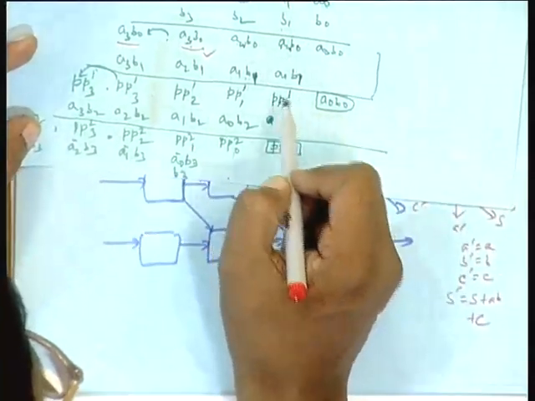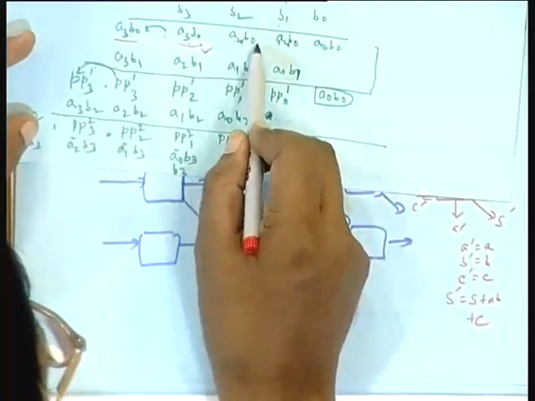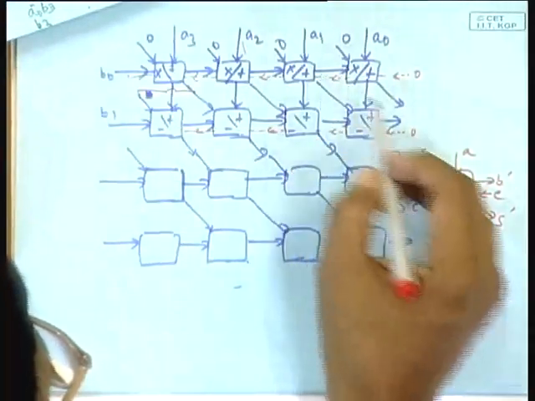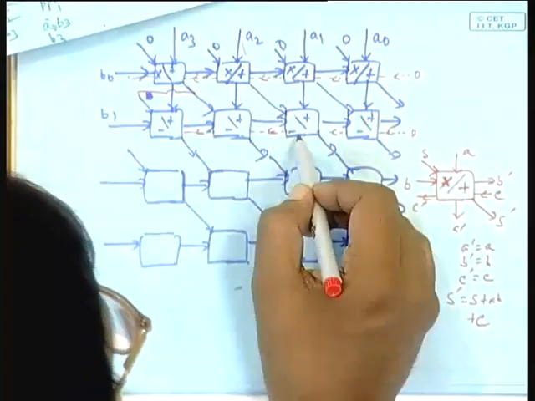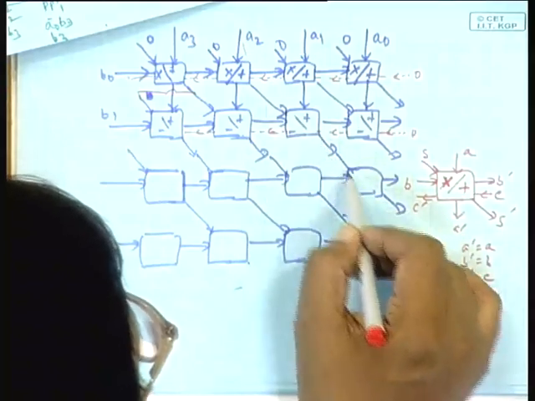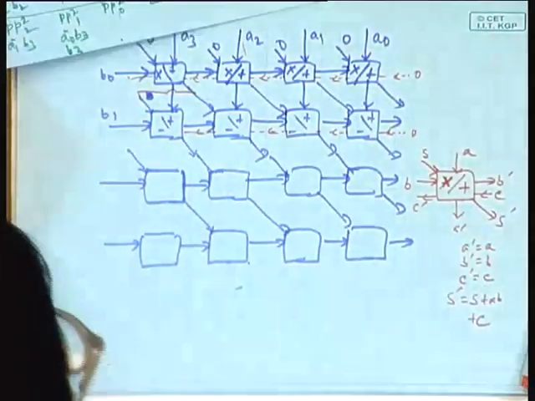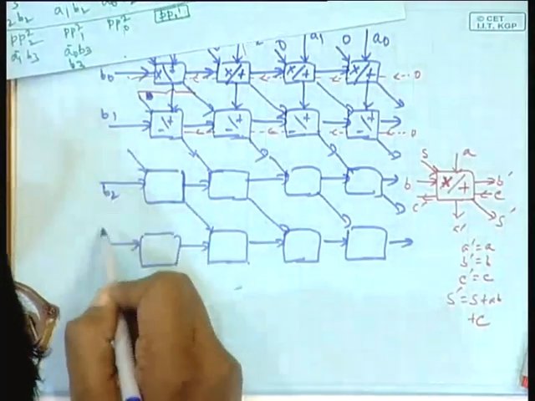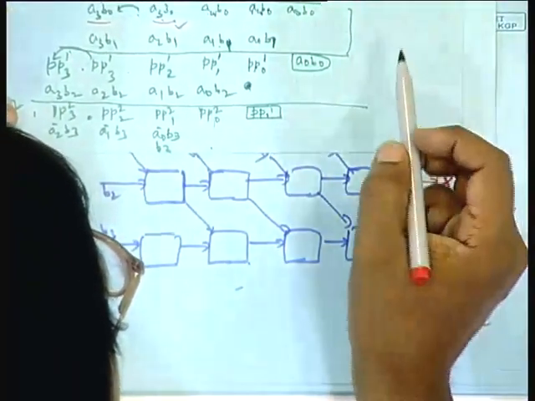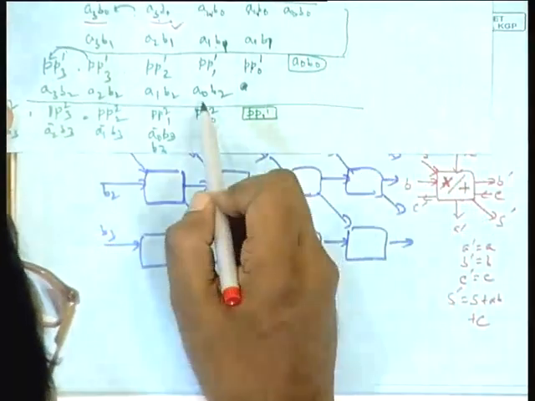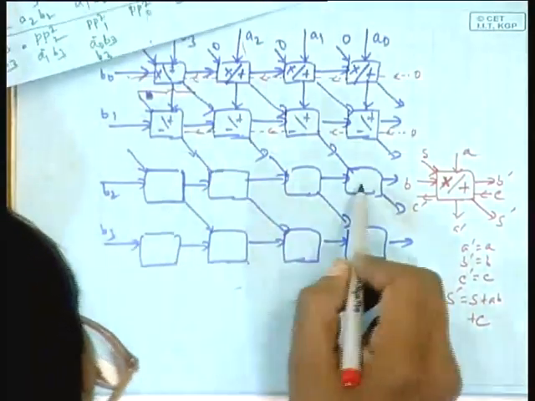Then you see these two, A2 B0, A1 B1. A1 B1, this result, and here I am giving B2.